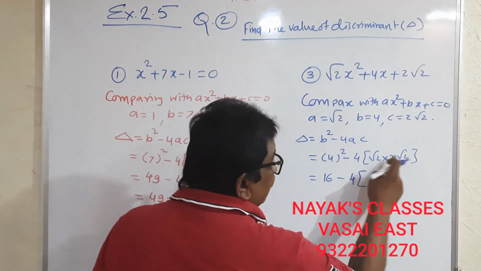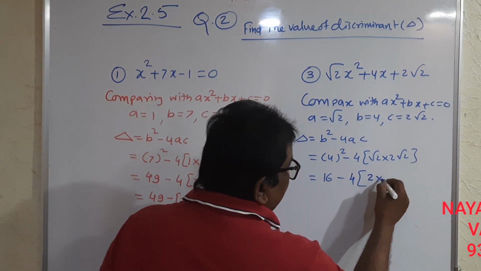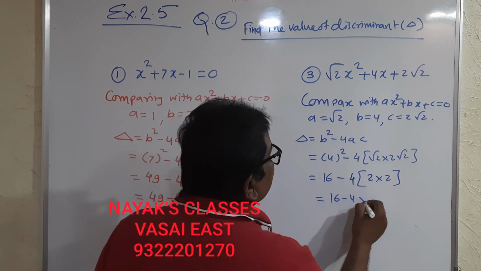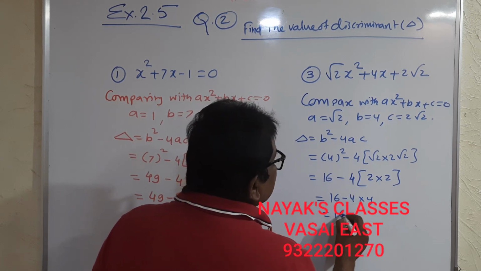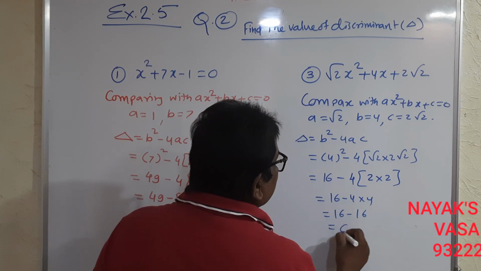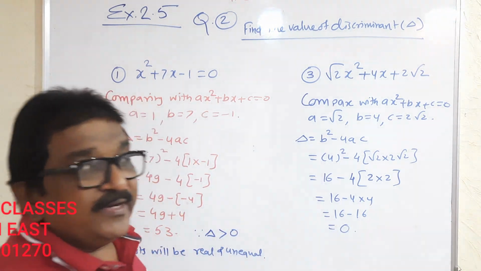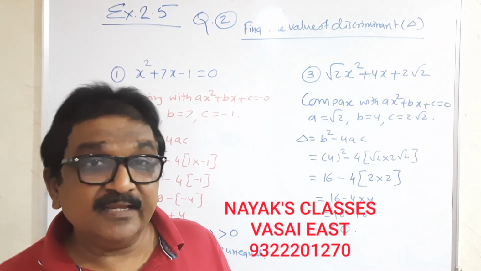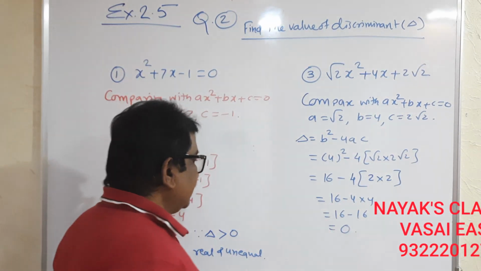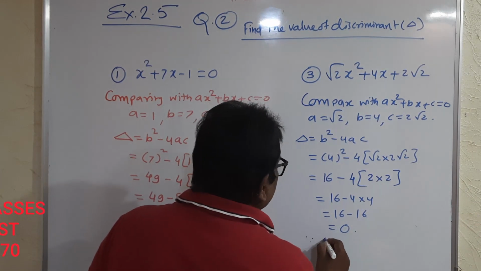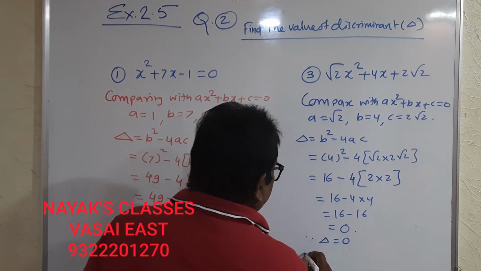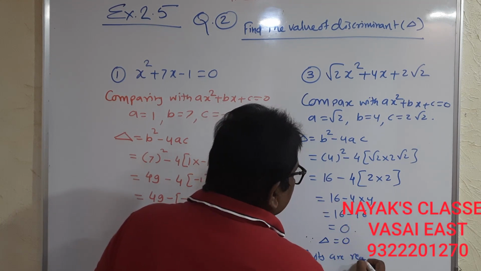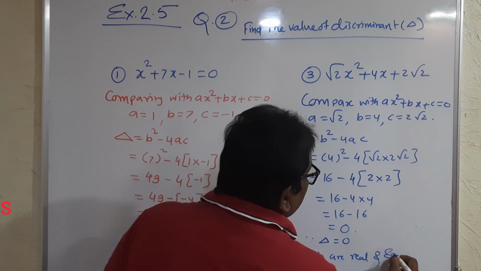Root 2 into root 2 is 2 into 2, which is equal to 16 minus 4 into 4, which is equal to 16 minus 16 is equal to 0. When delta is 0, the roots are real and equal. Since delta is equal to 0, roots are real and equal.